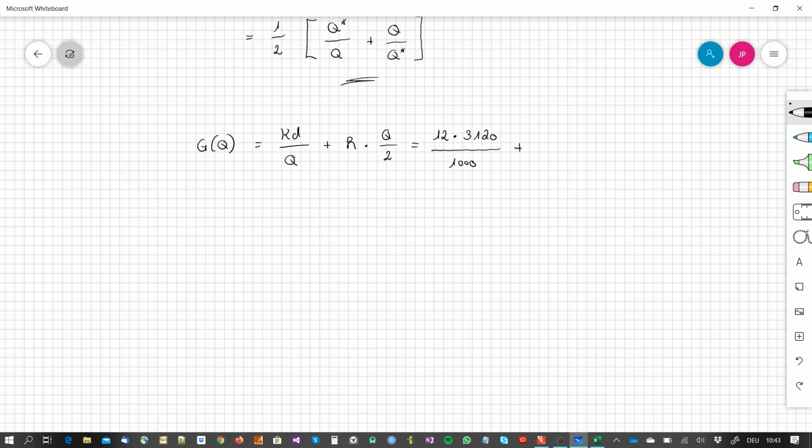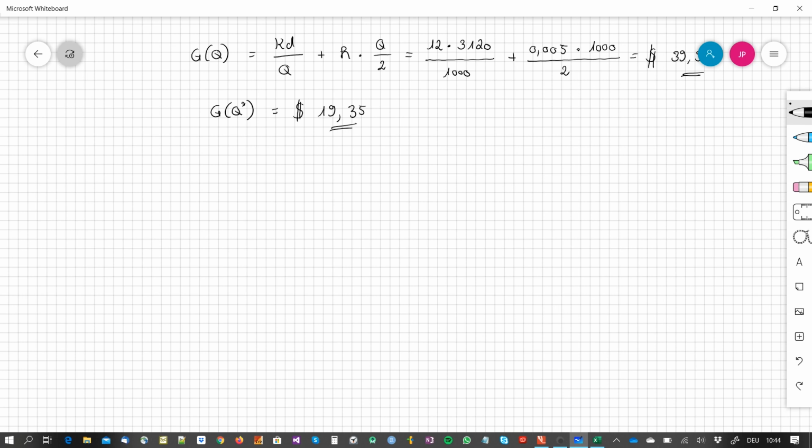And now we have the inventory holding cost factor, which was 0.005, multiplied by the 1,000 that the bookstore orders, divided by 2, and this is $39.94, and this is quite larger than the cost that we had for the optimal order quantity. Just to recall, that were $19.35.